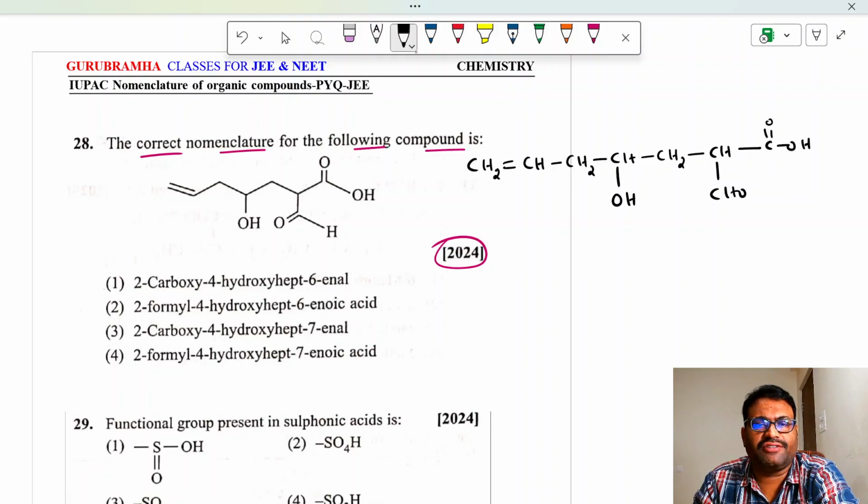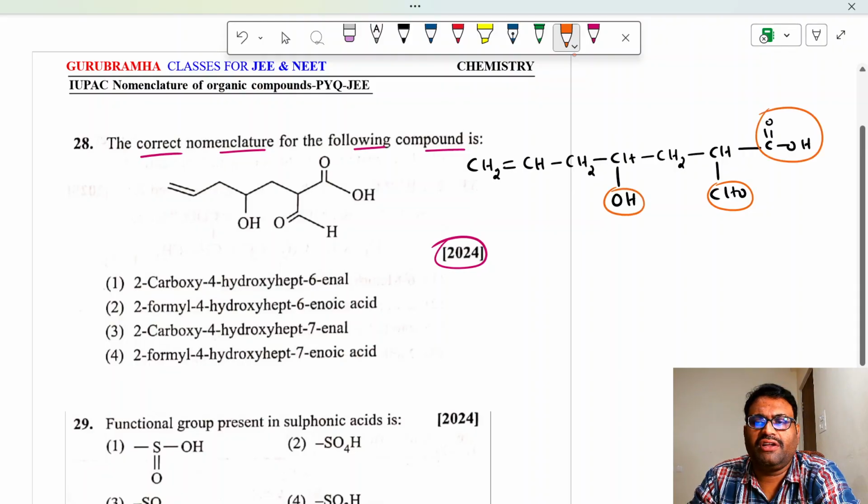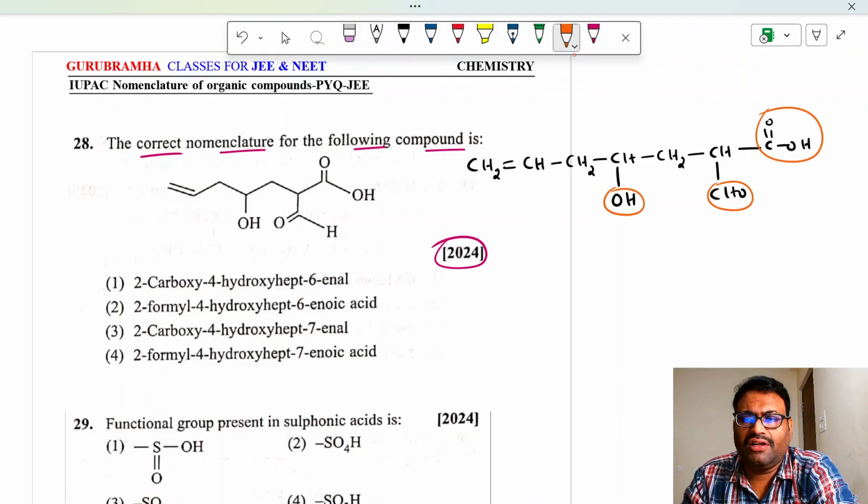So this is the structure. Let us number it. You have an aldehyde functional group, an alcohol, and a carboxylic acid functional group. Among these three, which has the highest priority? Carboxylic acid.